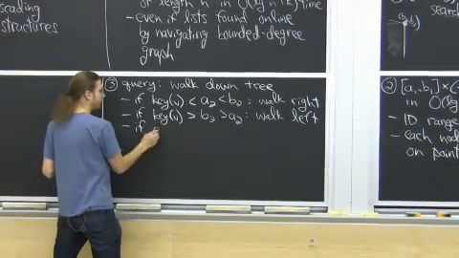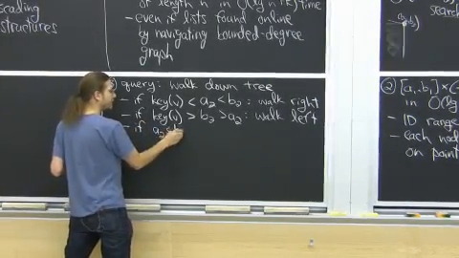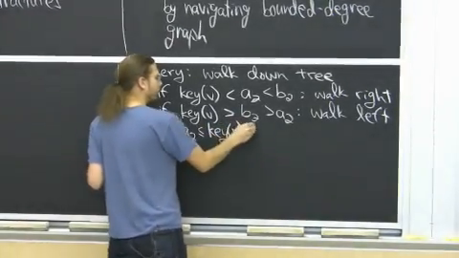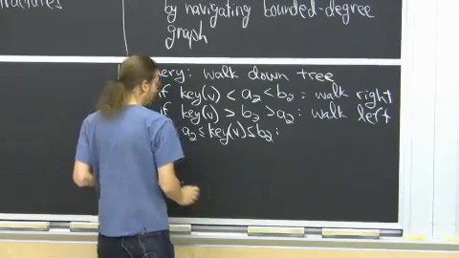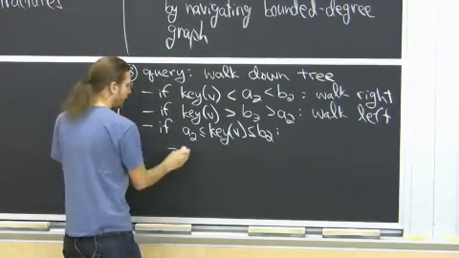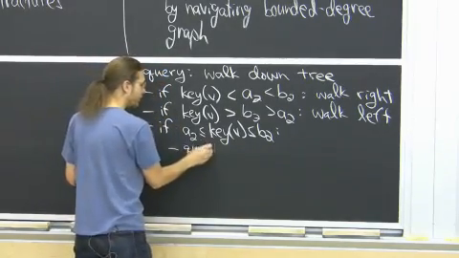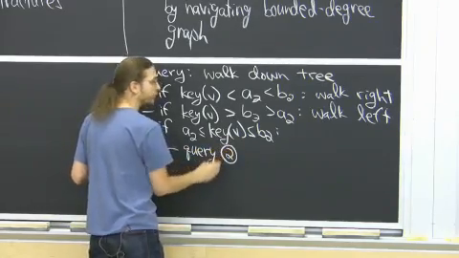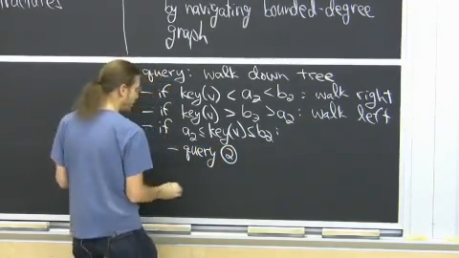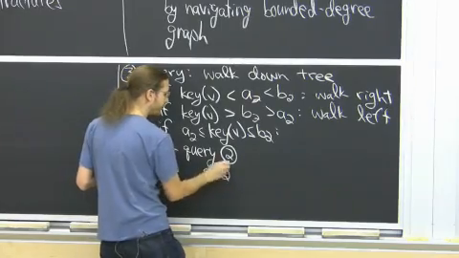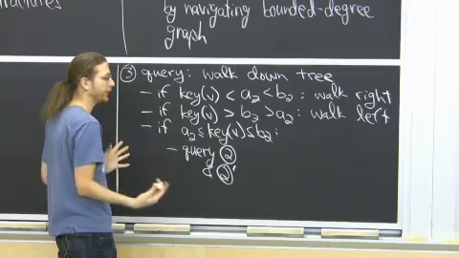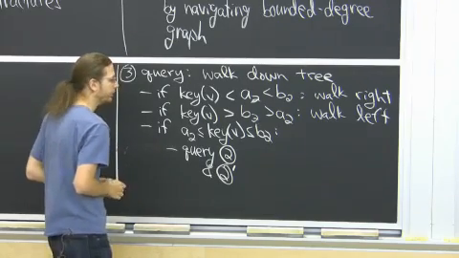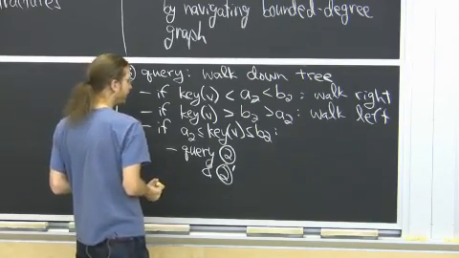So if the key falls between A2 and B2, so our interval is stabbed by the key of the node, then I want to query the 2 data structure, and I want to query the 2' data structure. So I'm going to do 2 calls to data structure 2, and so I only get a constant factor blow up. And what could I possibly search for?